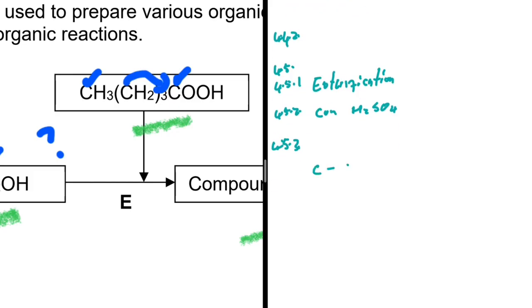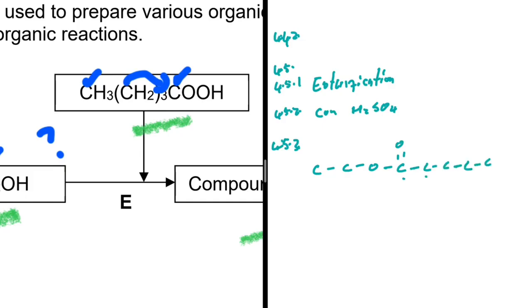So we have 1, 2 from the alcohol, and then we still have our oxygen from the alcohol. And then in the carboxylic acid, we still have our double bond oxygen. And then 1, 2, 3, 4.